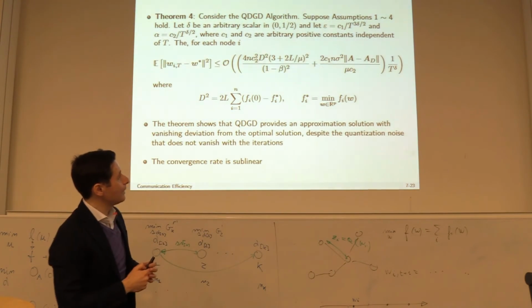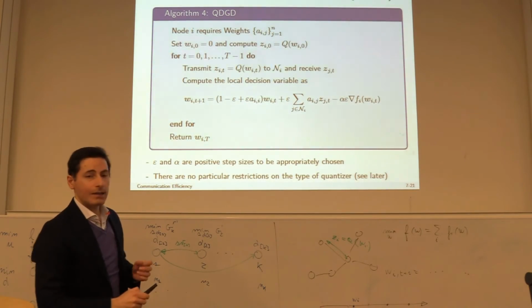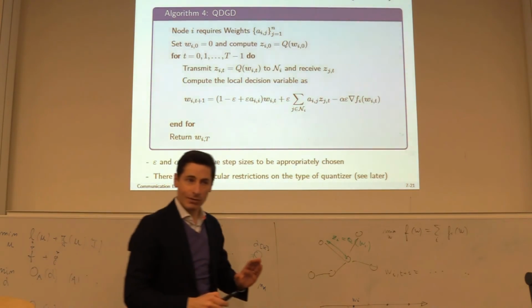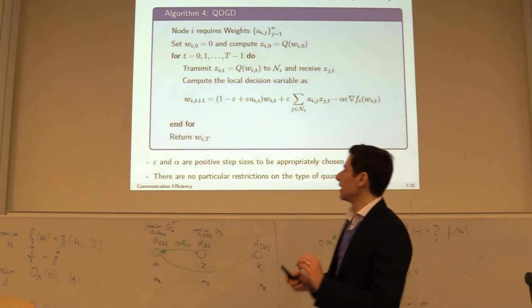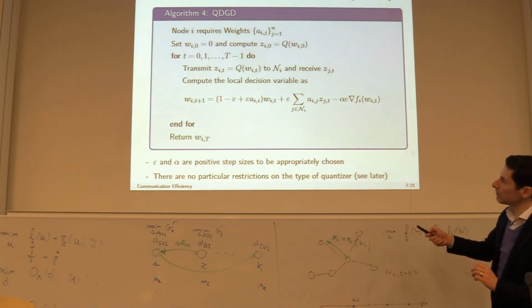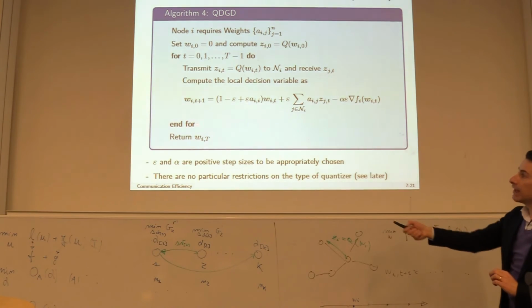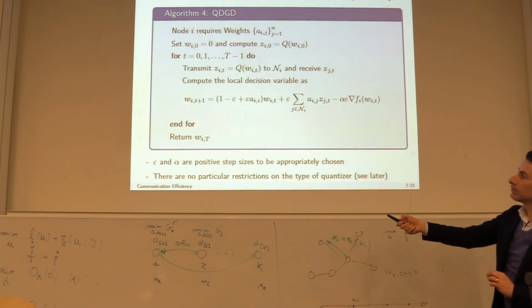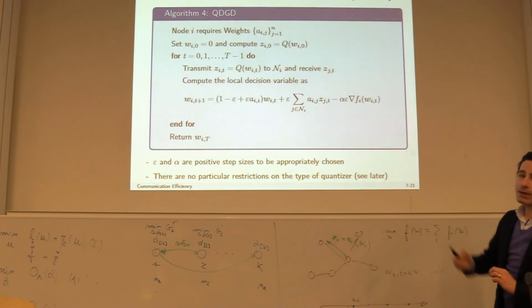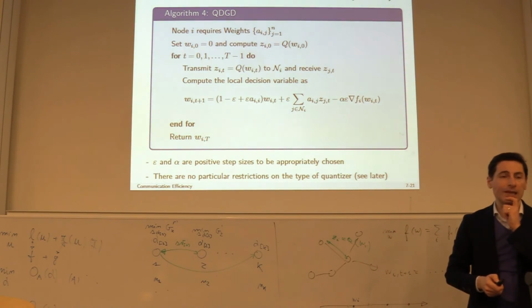And what is interesting and remarkable, if I go a couple of slides back, is that this result is not obvious because of the way this equation is written, with the 1 minus epsilon and this epsilon and alpha epsilon. If I take the expectation of this, it's not an unbiased expectation.